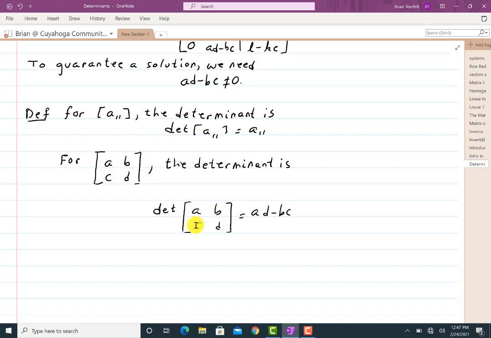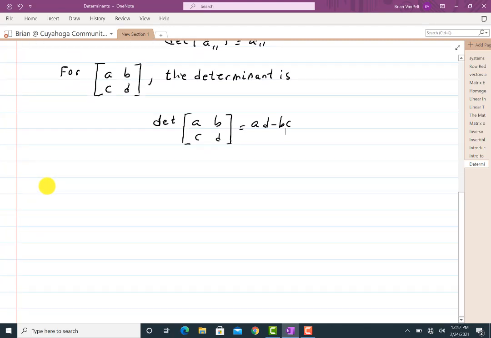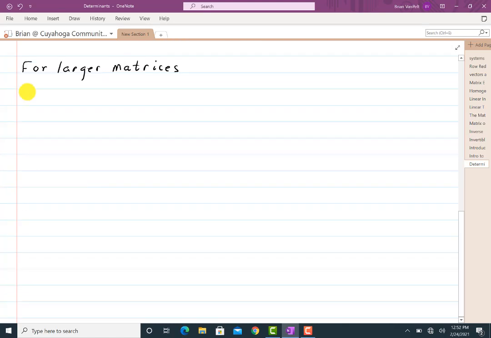So we want to extend this idea to larger matrices than just 1 by 1s or 2 by 2s. So here's how we do it for larger matrices. All right, for larger matrices, let's go ahead and write the matrix down.